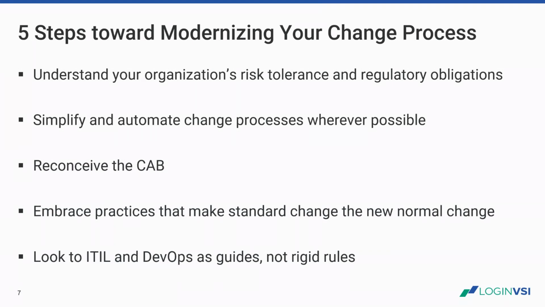And ultimately, from a risk tolerance perspective, can we lower that risk impact? Can we better work with regulatory obligations through auditing or surfacing of data that will ease those transitions? Can we simplify and automate the change process wherever possible? We're going to dig into that one as well.